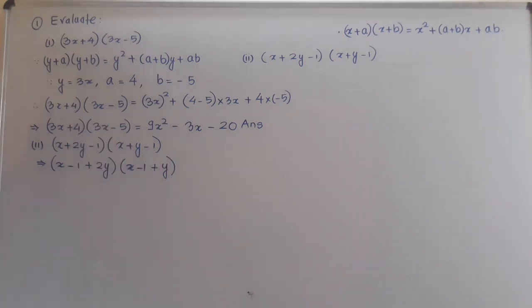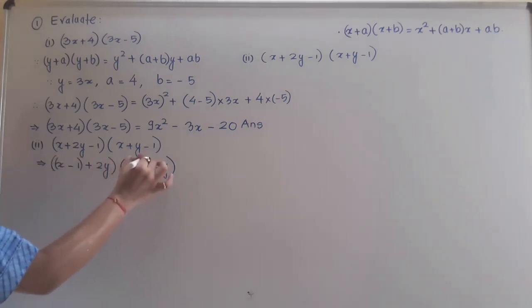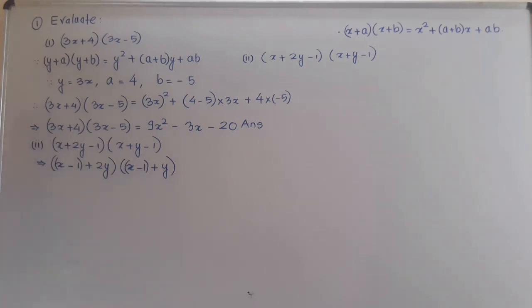Now suppose you observe x minus 1 as one term. This x minus 1 also, I apply the bracket, here also I apply the bracket, and now you write down the formula.